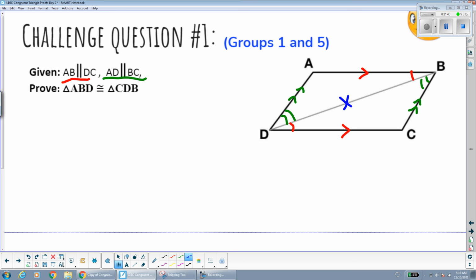Your reason for both of those statements can be alternate interior angles are congruent when lines are parallel. And then you need to make the statement that DB is congruent to itself. That's by the reflexive property. And then you can say the two triangles are congruent by ASA.